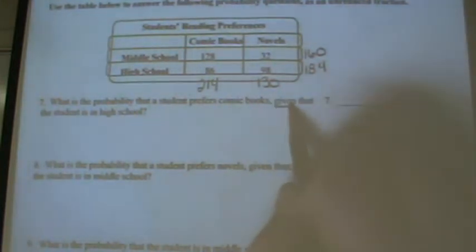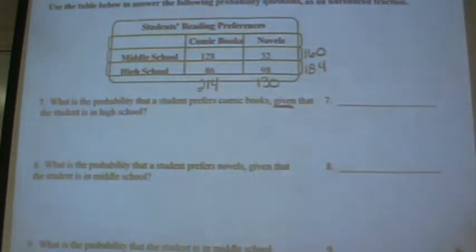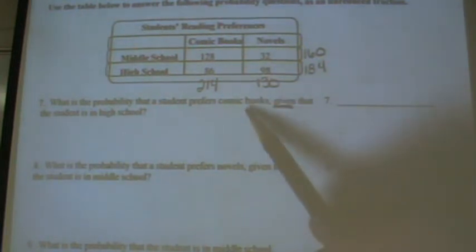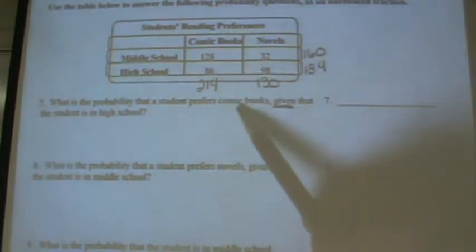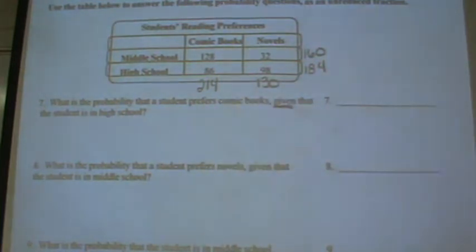So in number 7, we're asked, what is the probability that a student prefers comic books given that the student is in high school? So for conditional probability, it's important that you realize that you're given something. That tells you that it's a conditional probability. You're looking for the probability of something, given something else.